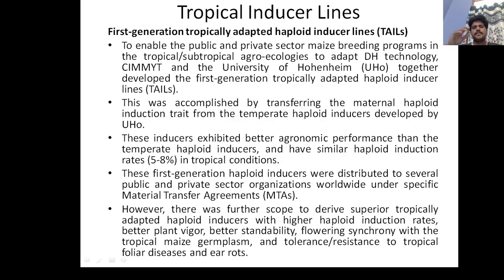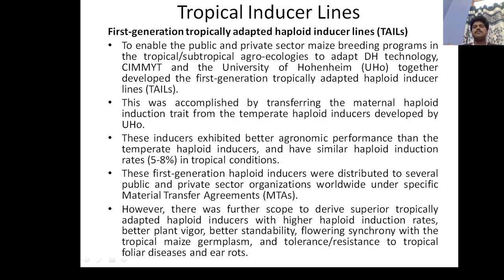These inducers exhibited better agronomic performance than the temperate haploid inducers and have similar haploid induction rates, somewhere around 5 to 8% in tropical conditions. These first generation inducers were distributed to several public and private sector organizations worldwide under specific material transfer agreements.